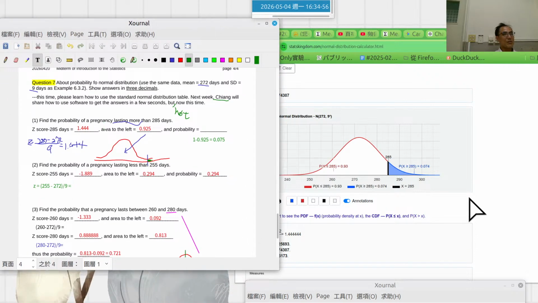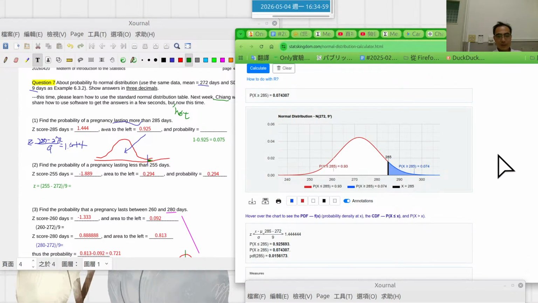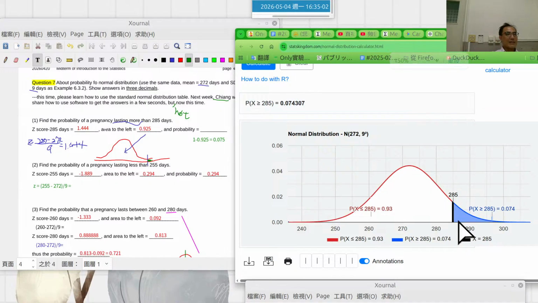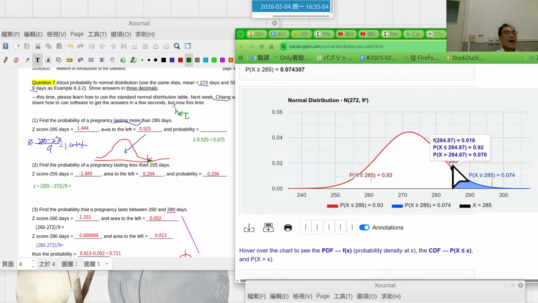See the location here, 285 days, and we want the area to the right side. To the left side, the area is 0.93. We checked the table, it was 0.925. Here, 0.93, very similar. Is it okay?